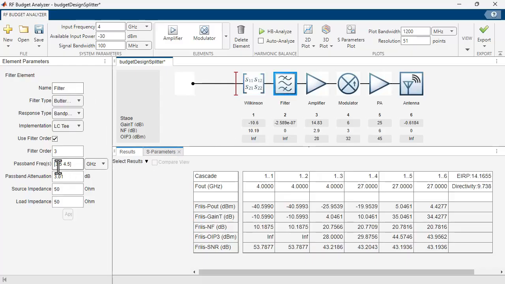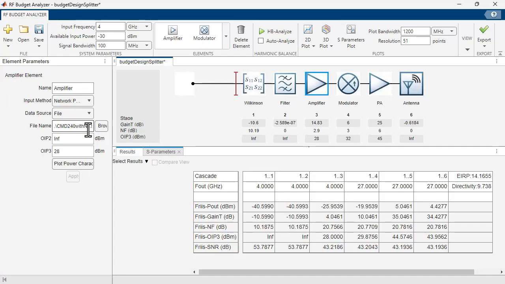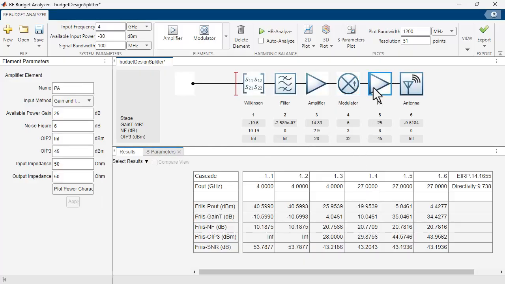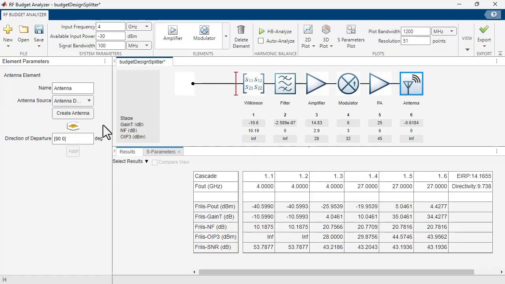It's followed by a filter centered around 4 gigahertz, because the input center frequency is 4 gigahertz intermediate frequency, with a relatively small attenuation at the center frequency, followed by an amplifier specified by its S parameters and its output referred IP3, followed by a modulator with a local oscillator frequency of 23 gigahertz that performs up conversion to 27 gigahertz at the output, followed by a power amplifier with its nonlinear characteristics and our circular patch antenna to transmit.